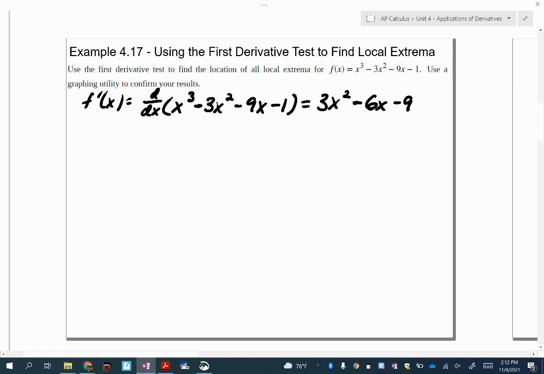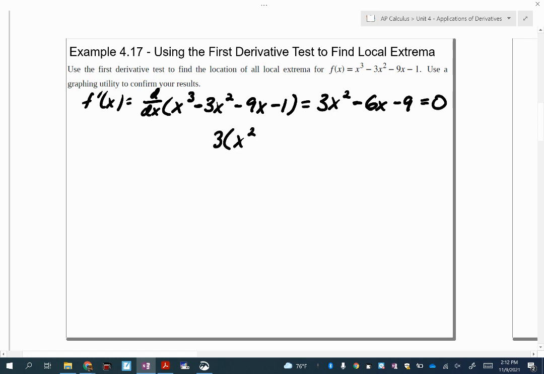Again, like we talked about in the previous lesson, critical points are whatever makes this first derivative undefined or equal to 0. This is a quadratic trinomial. We don't have any values for x that make it undefined, so I just need to focus on whatever makes this equal to 0. So I'm going to factor out a 3.